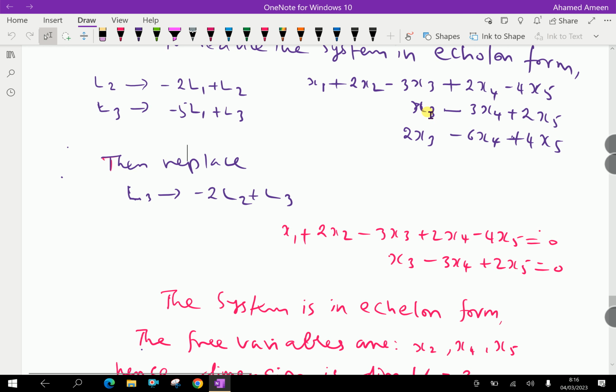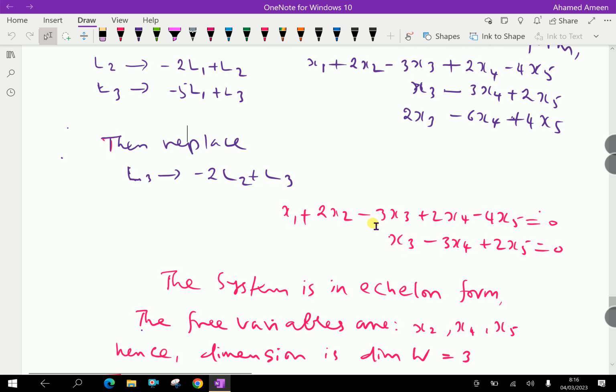If you multiply this one by 2, it gives 2x3 minus 6x4, minus 3 into 2 is minus 6, and 2 into 2 is 4x5. So these 2 equations can be written as a single equation, x3 minus 3x4 plus 2x5. That means both are the same equation. Because it's homogeneous, equal to 0, both equations are the same. So we can write this as the other equation.